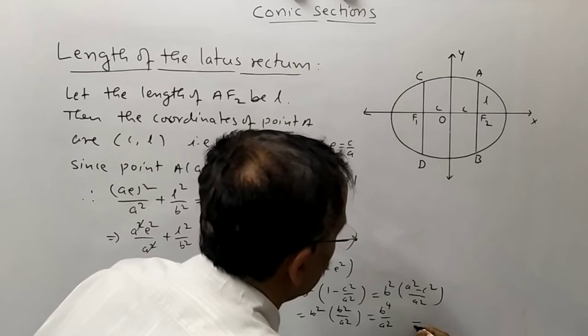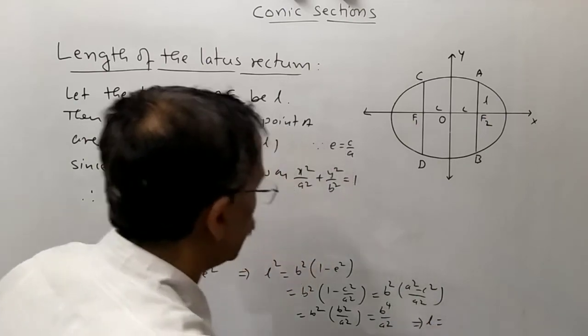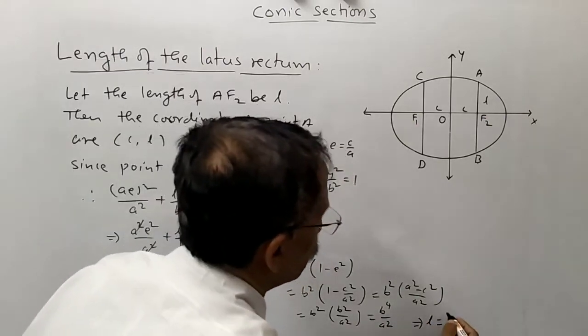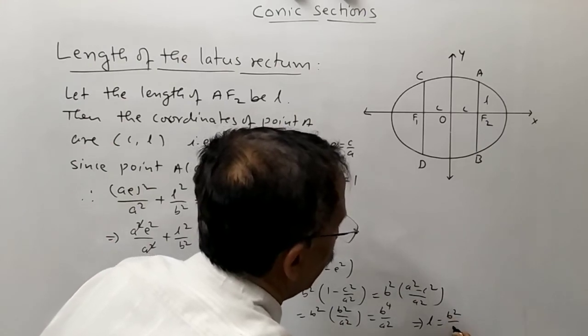This implies l is equal to b square divided by a.